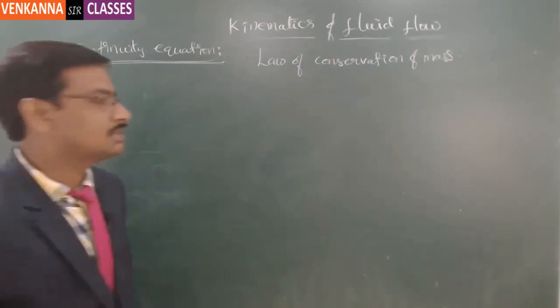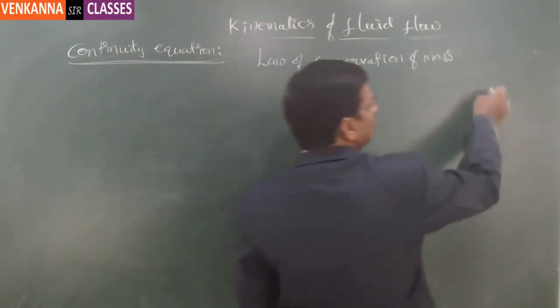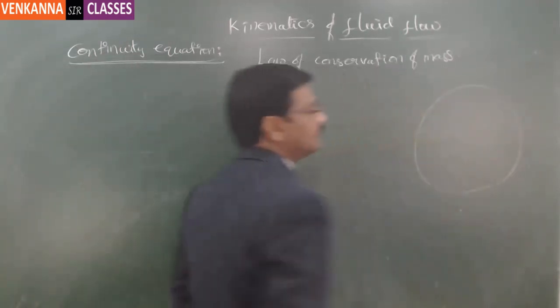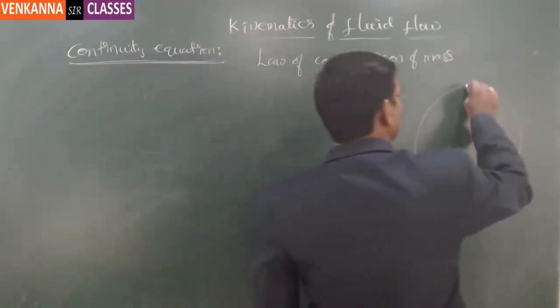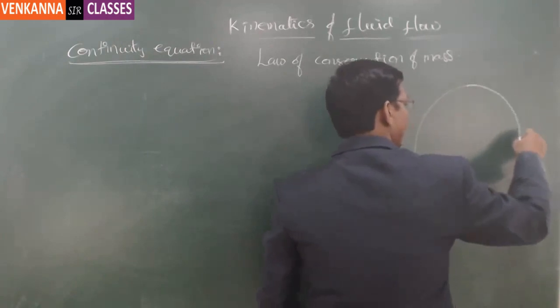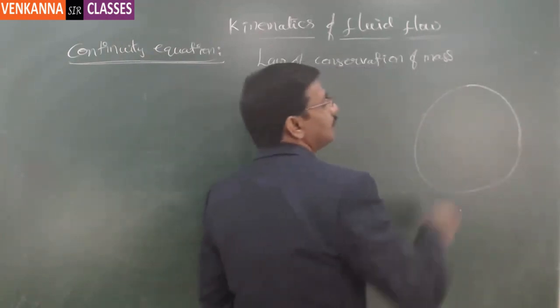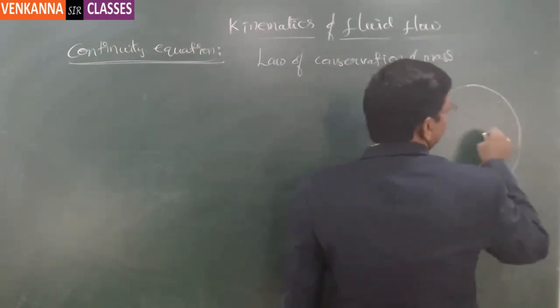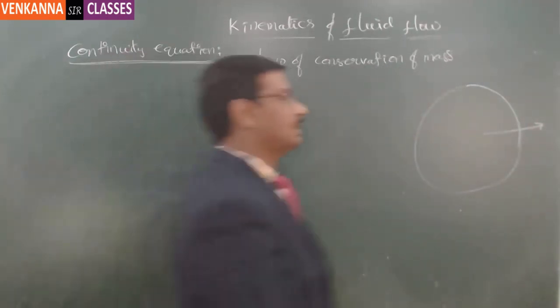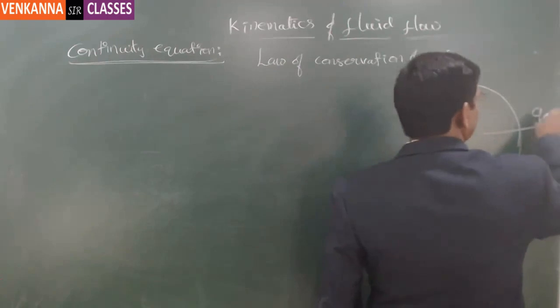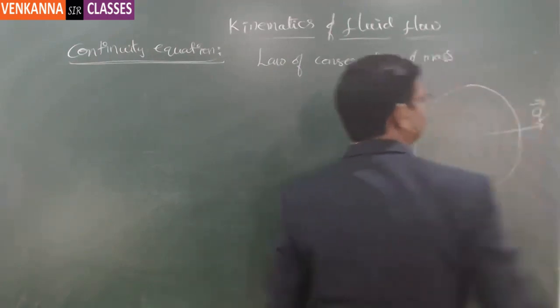What it says is, suppose there is a random closed volume. On this random closed volume, let us say the fluid is flowing with a velocity q.